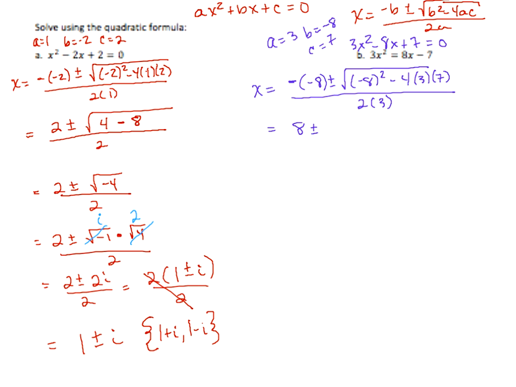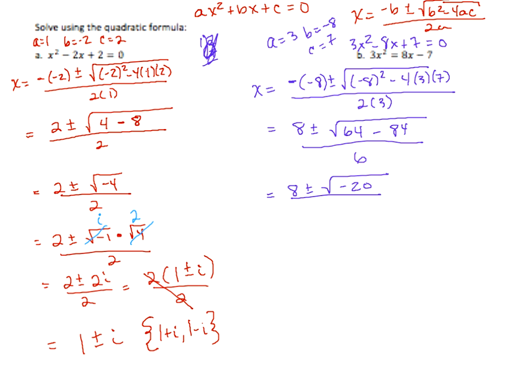which is 8 plus or minus the square root of 64 minus 12 times 7. I'm not good at my 12 times tables. 12 times 7, 84. Okay. Minus 84 over 6. 8 plus or minus the square root of -20 over 6.